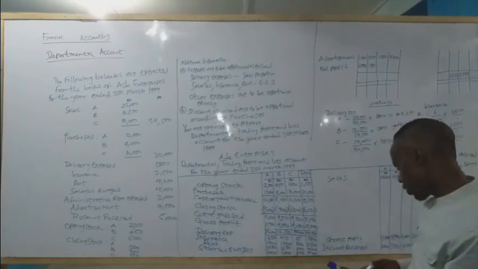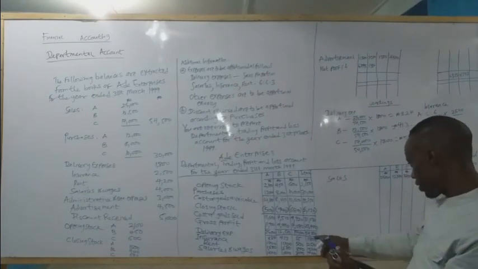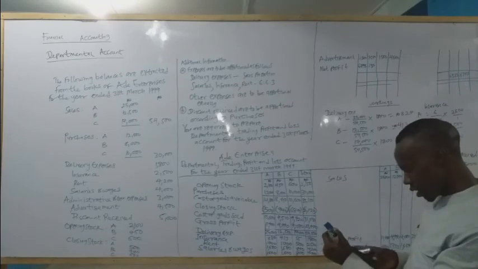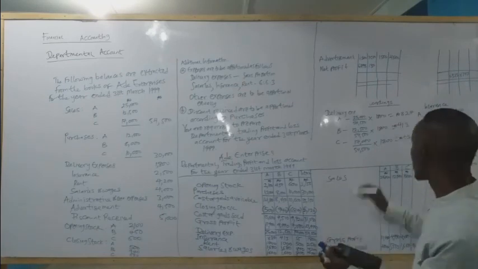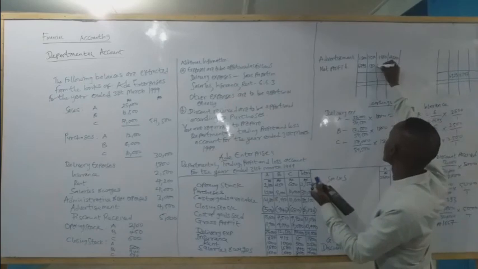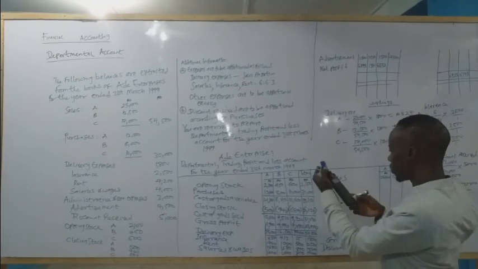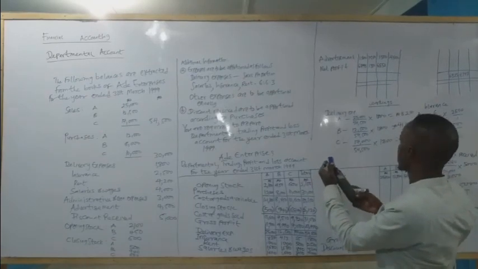Minus 55, minus 500, minus 840, minus 800. So this then gives me a profit of 6,552.